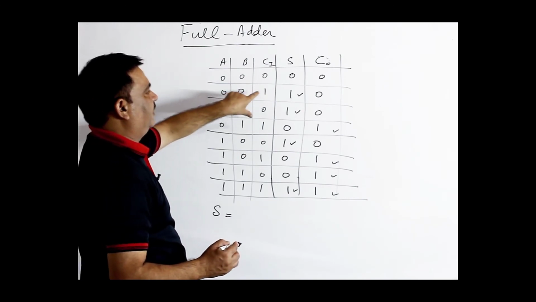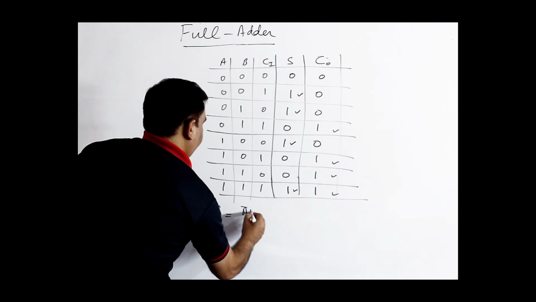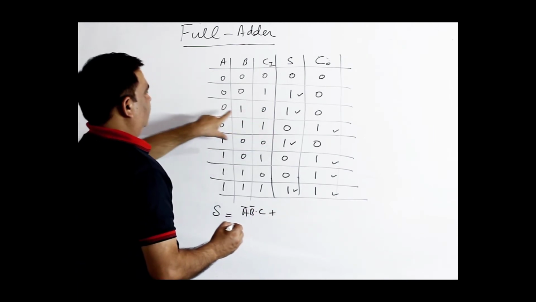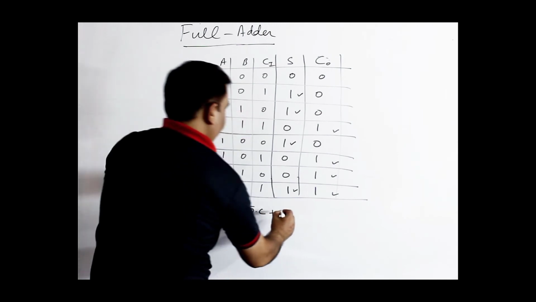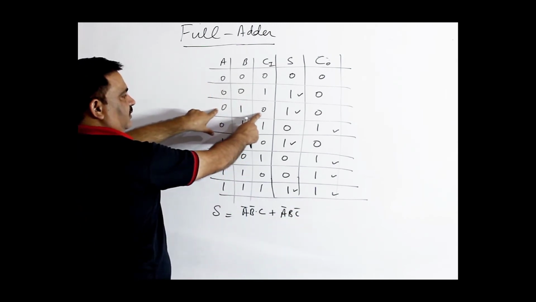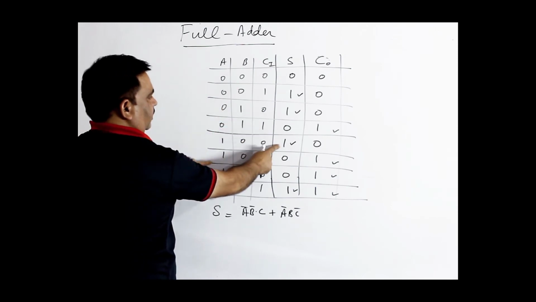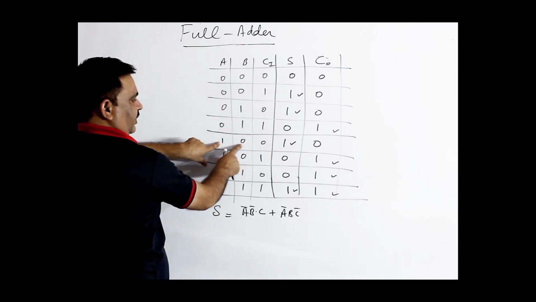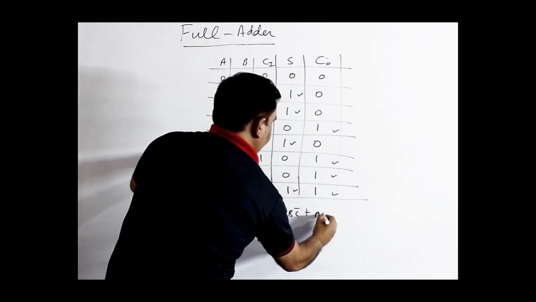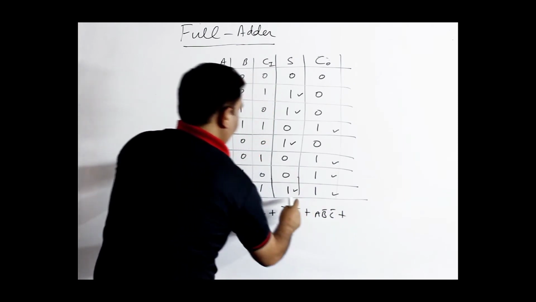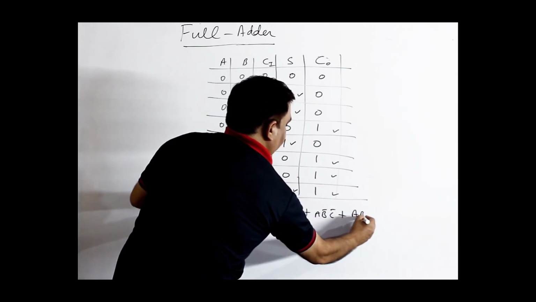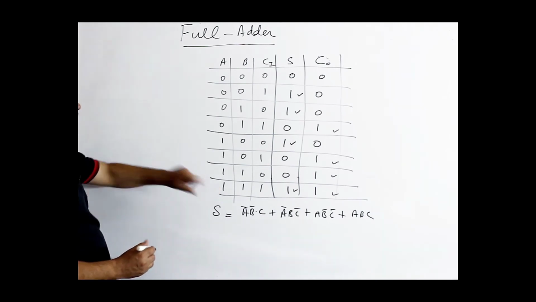So, A complement, B complement, C, plus for this one, A complement, B, C complement, A complement, B and C complement. For this one, A, B complement, C complement. For the last one, A, B, C, all are 1. This is the sum expression.